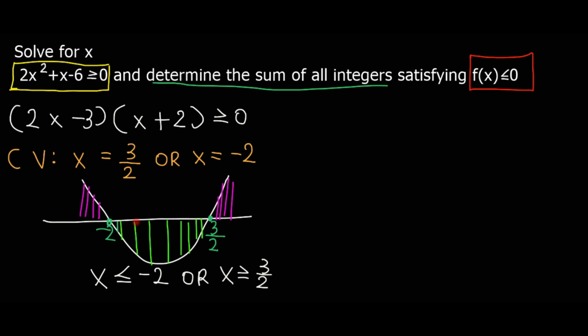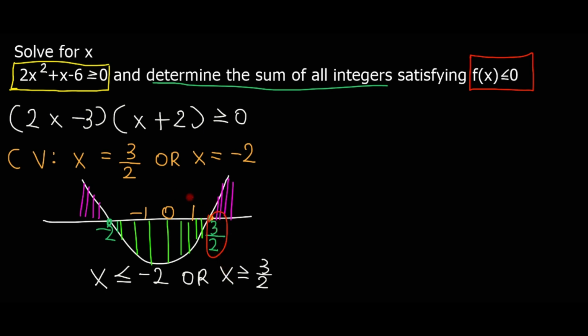So before -2 we have -1, and then there is 0, and then there is 1, and remember after 1 we have 3/2, and we won't write other numbers because we want between -2 and 3/2. But because we want the integers, we will not include 3/2 because 3/2 is not an integer. Integers cannot be decimals. Remember 3/2 is a decimal.